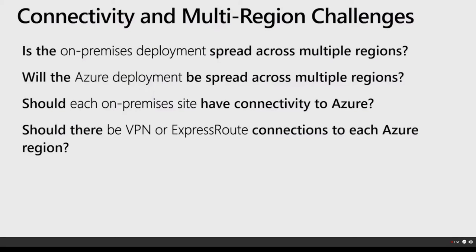Have they deployed resources into multiple Azure regions? Whether each on-prem site should have individual connectivity to Azure, and whether or not those sites need VPN or ExpressRoute connections into each Azure region. You can start to see how all of these different questions and challenges and individual business requirements help you formulate the decisions you make about how this hybrid network topology is going to be configured.